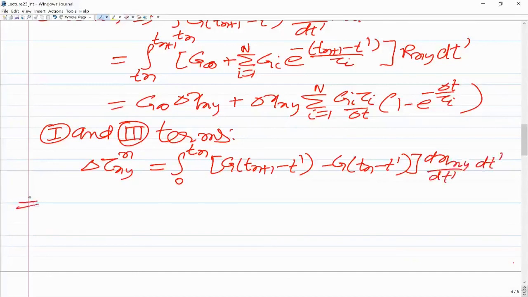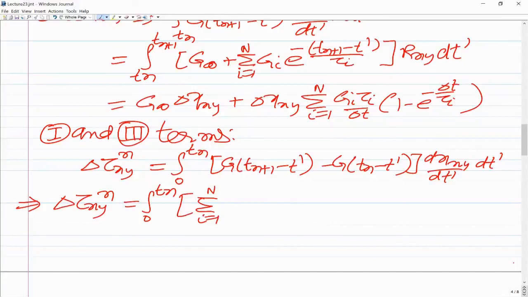And so we can put the values of g from the Prony series. So we can write delta tau xy n is equal to integration 0 to tn, and then we have this summation over i, where g infinity gets cancelled. In both you will have g infinity, so it cancels, and then you have only these terms.